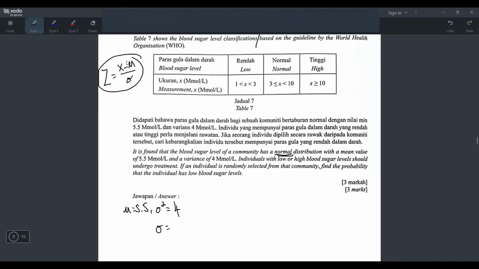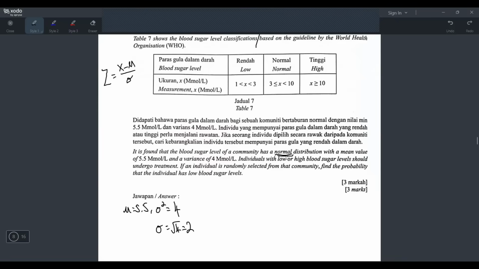This is the formula that we use to convert from x value to z value. Okay, and when you look at the table, you have to make sure it's a z value before you can look at the table. That is why I will straight away convert the variance to standard deviation now. So what is square root 4? You will get 2, right? We will not write the negative answer because standard deviation is never negative, right? So later I will use this mean and standard deviation to convert to z.